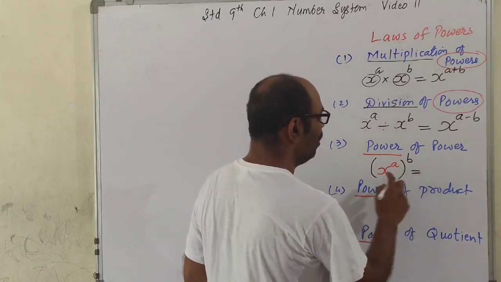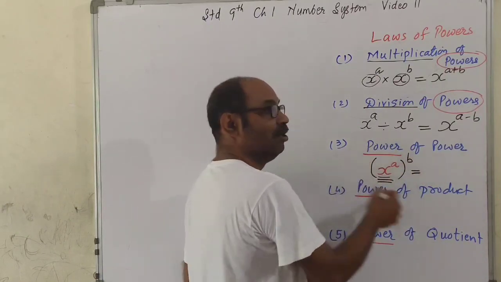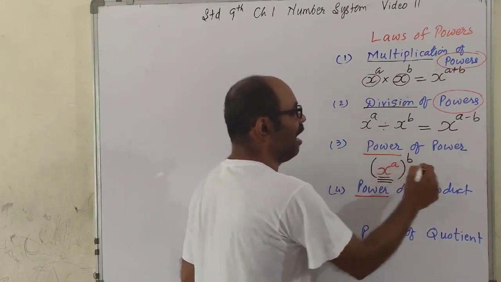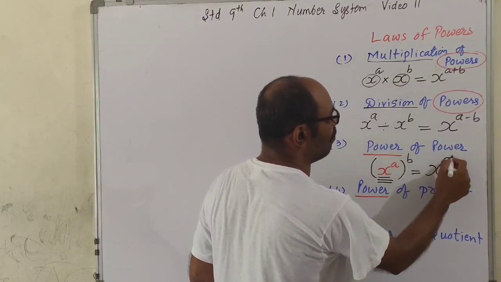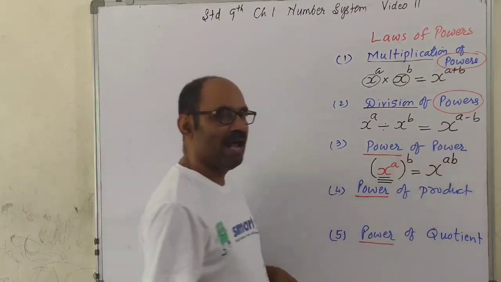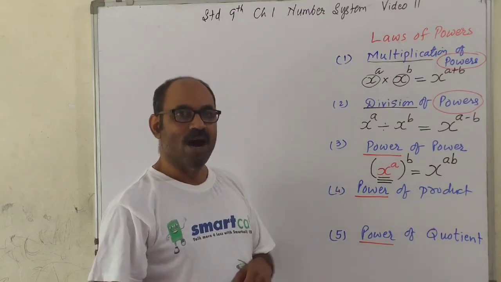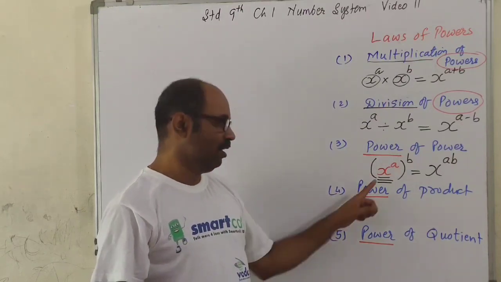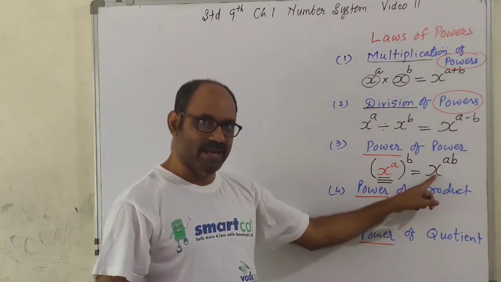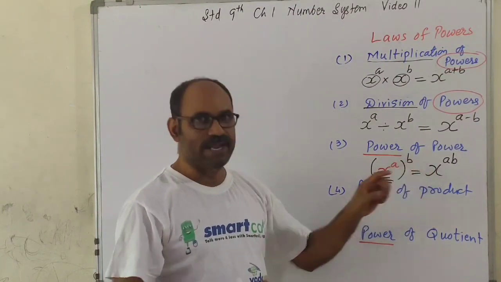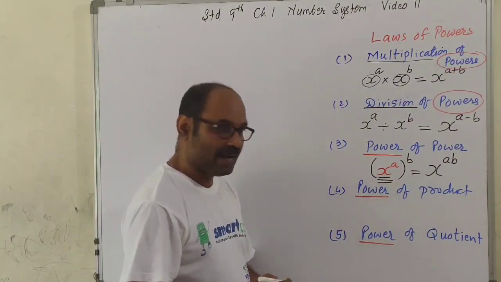According to the law, the base x, the base of the inner power, and the inner exponent and outer exponent are multiplied, a multiplied by b. This is the law of power of power. Okay.